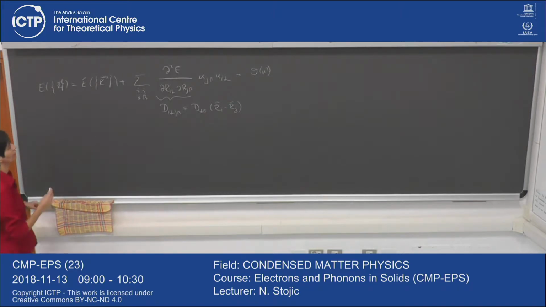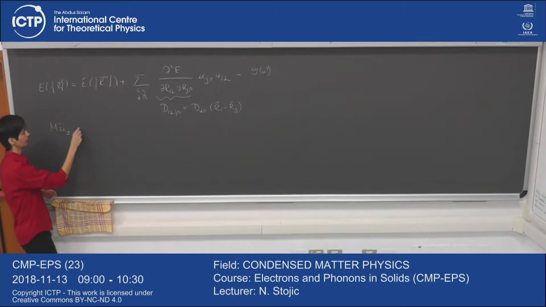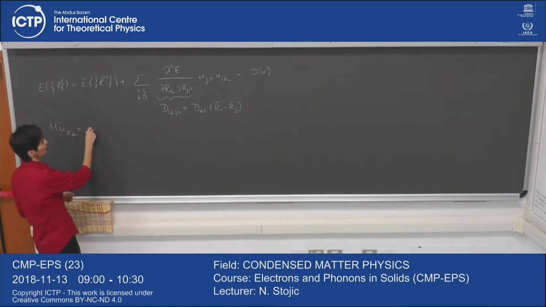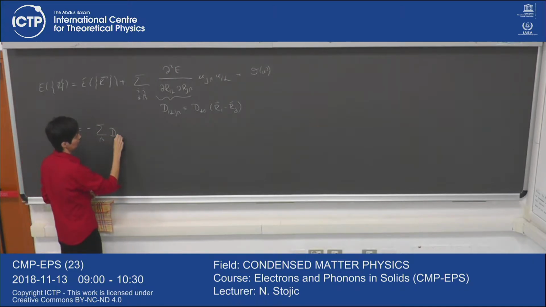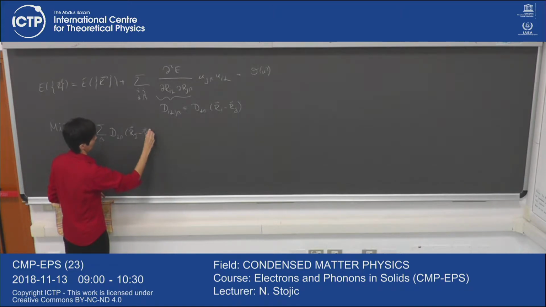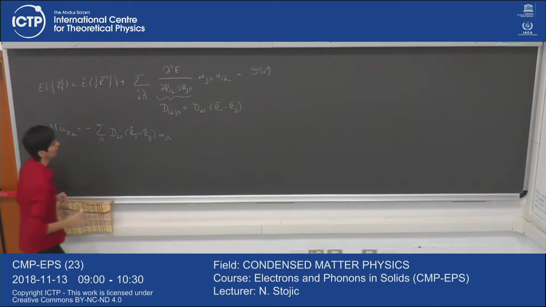It's fine. Then we said we can write Newton equations, let's say in the alpha direction, as these forces. So it will be a sum over the alpha beta times u j beta.